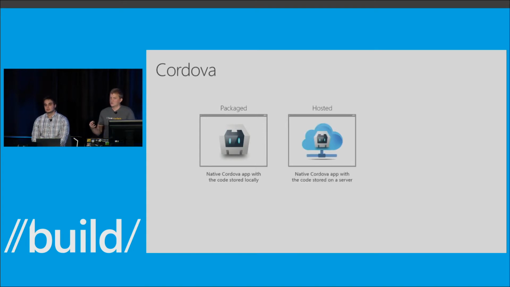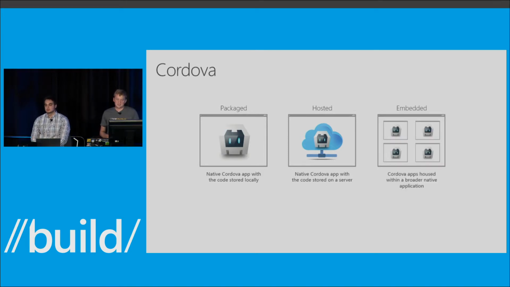We talked about our new hosted model in Windows 10. Well, Cordova is able to utilize this hosted model to run a Cordova app from the server as well. You could put the Cordova.js files on your server and run your Cordova app completely hosted. The third thing is we're able to support the embedded scenarios for Cordova.